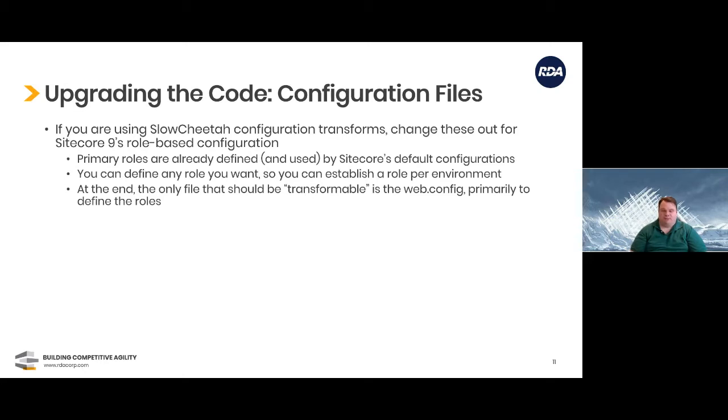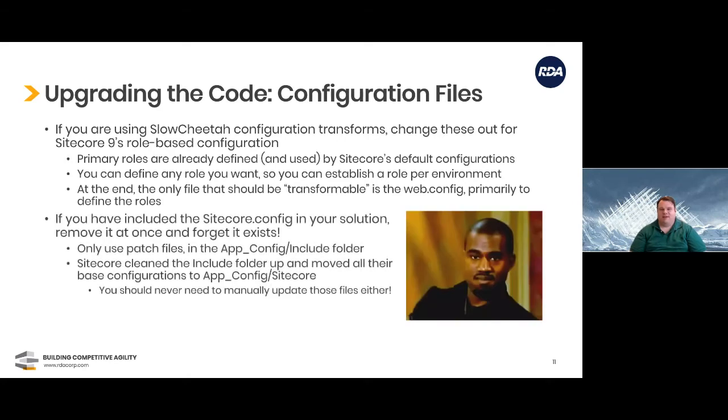So something I'm going to bring up here, and I've told people that I jokingly threaten them with cutting their hands off: if you've got the Sitecore config in your solution, I want you to remove it and forget it exists right now. It's gone. It's out of there. You use the patch files. Use patch files to do the app config.